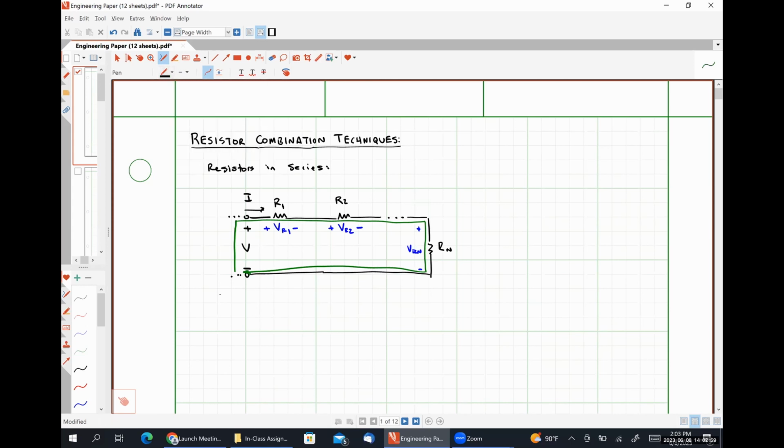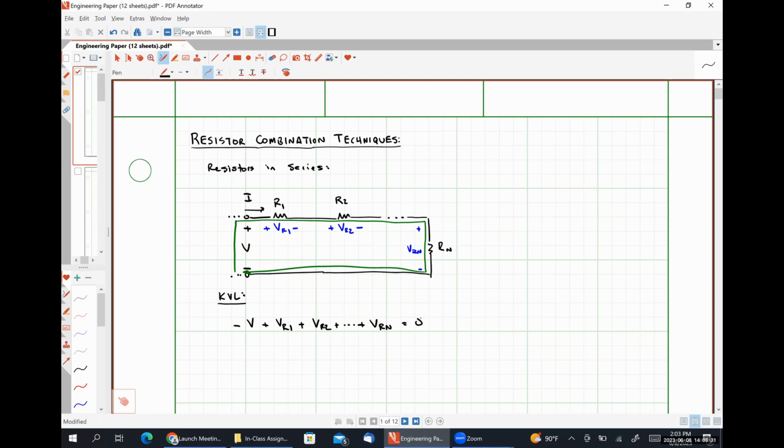When I write that KVL equation, what I'm going to wind up having is negative V, the total voltage drop, plus VR1 plus VR2 all the way out to VRn is equal to 0.